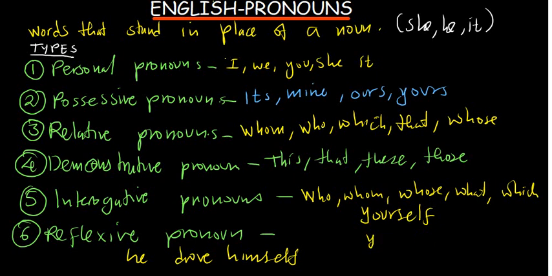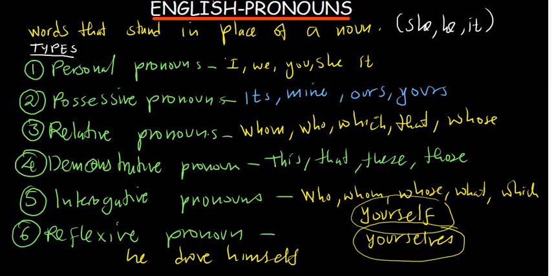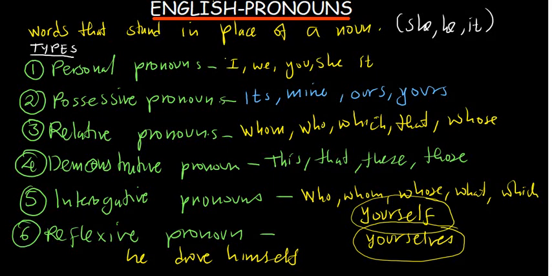So you should be able to know that if you are referring to a lot of people and you are not part of those people, you are going to say yourselves. But if it is one person, you are going to say yourself. So we should be able to understand how to use these types of pronouns because they'll be brought in different rewrites, so we need to know them and how to use them.